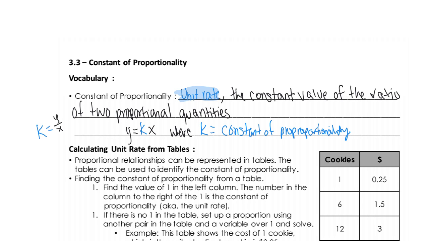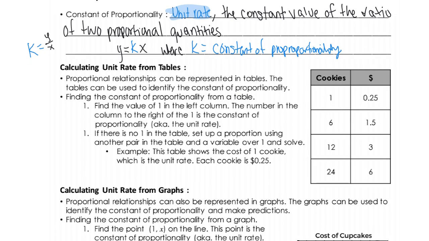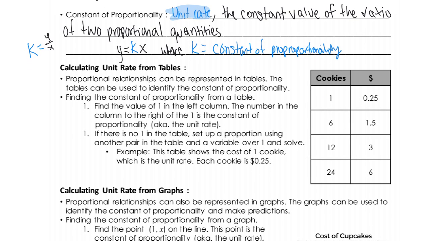Let's look at it when we're comparing tables. Again, it's the same thing as taking the unit rate. Proportional relationships can be represented in tables, and the tables can be used to identify the constant of proportionality. So how do we find it from a table? The first thing I would do is label my table as x and y.